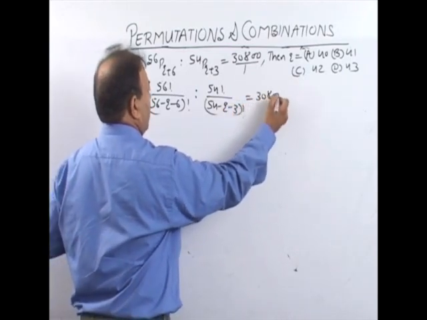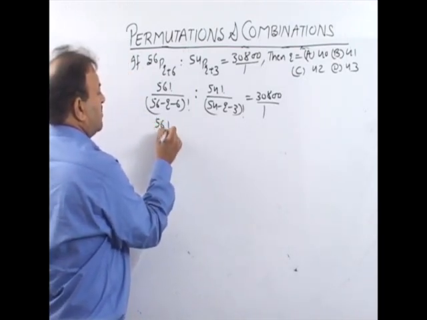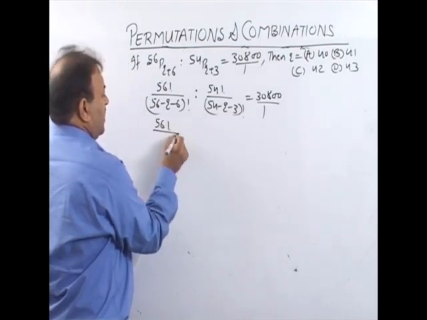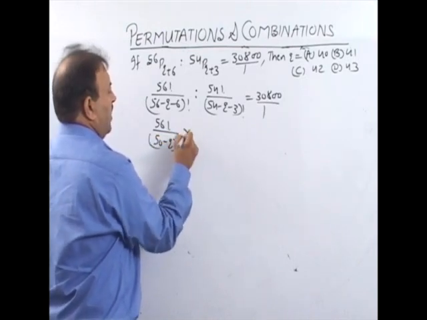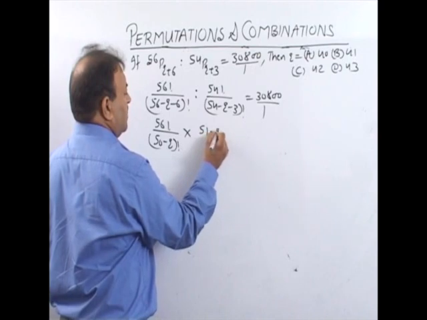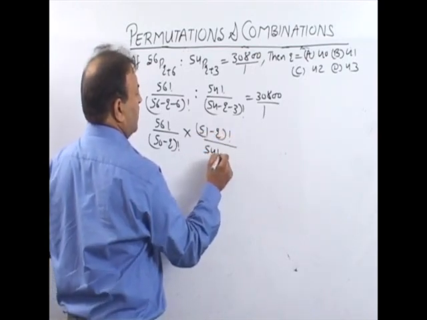It is 30800 upon 1. Now I can say 56 factorial. It is (50 minus r) factorial into (51 minus r) factorial upon 54 factorial.